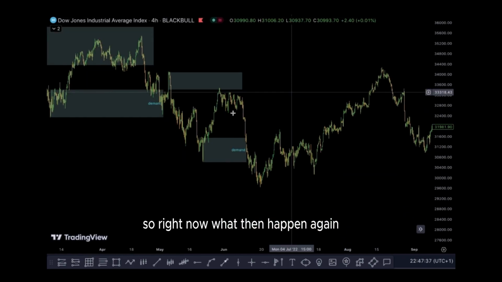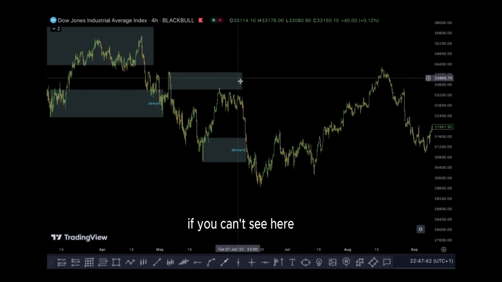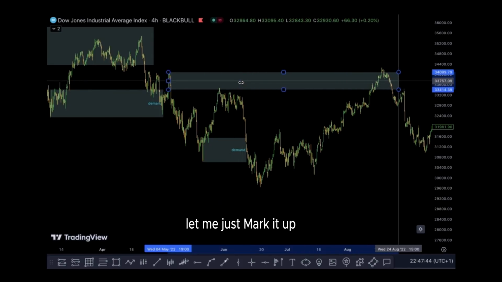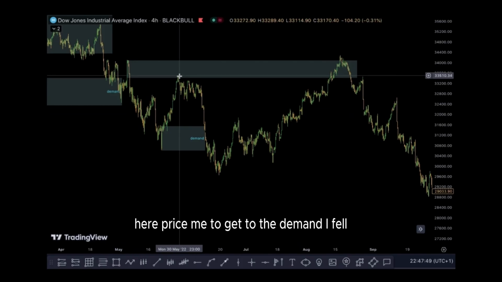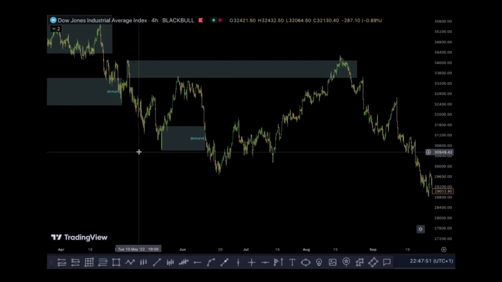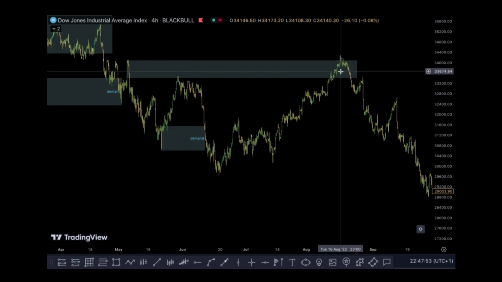So right now, what then happened again? We still have a point of, if you can see here, let me just mark it up. If you can see here, price mitigate to the demand and fell. Price came back again.